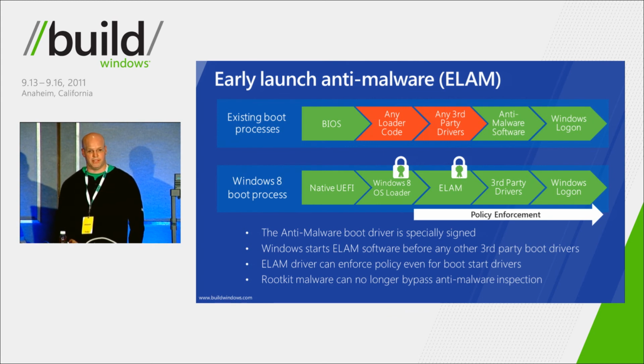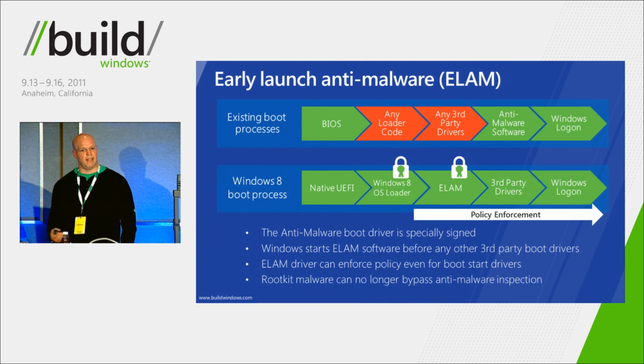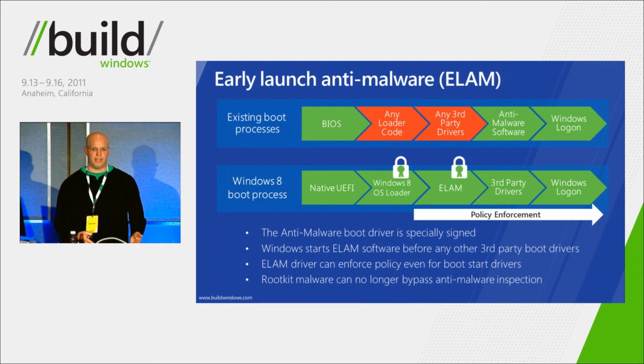The advantage of this is it's not possible for malware to install itself as a rootkit and not be able to be assessed by an anti-malware product that starts first. There's really a partnership here between Windows and anti-malware products. Windows gets released once in a while, and it needs to live for quite a long lifetime.